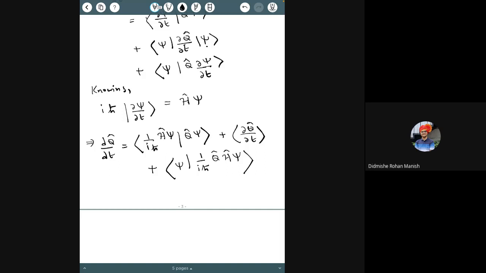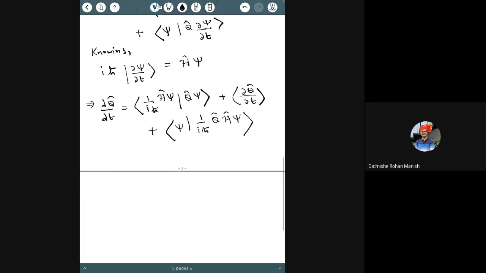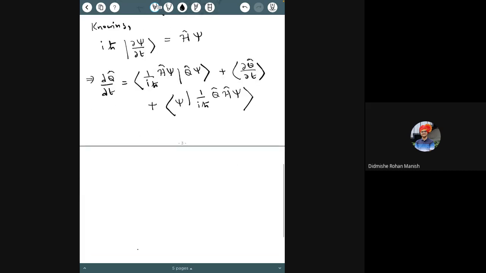So H is Hermitian, so I have not written an H dagger. If it wasn't, then I would have had to write a dagger when I place it in the bra side. And then I simplify this a little bit more.